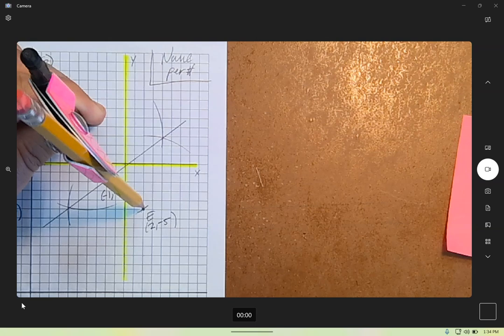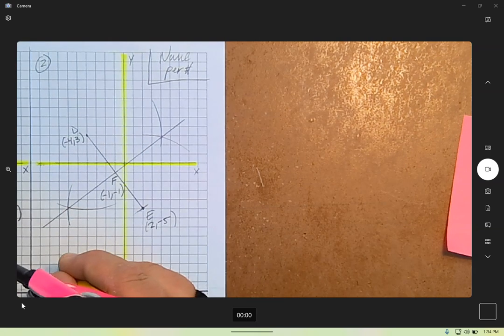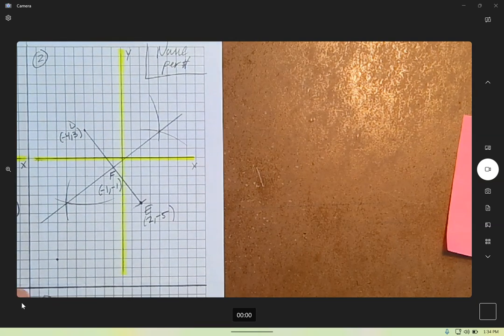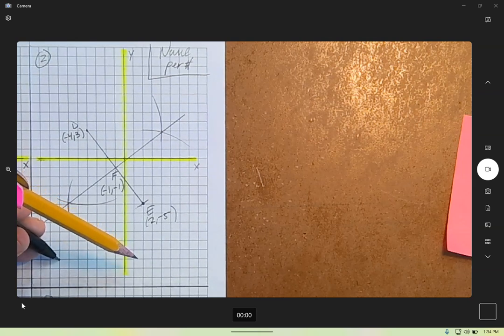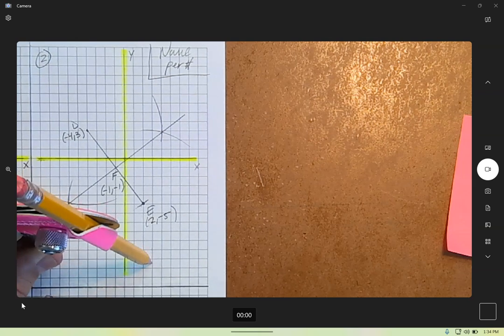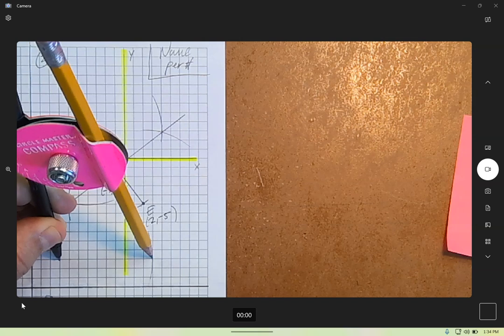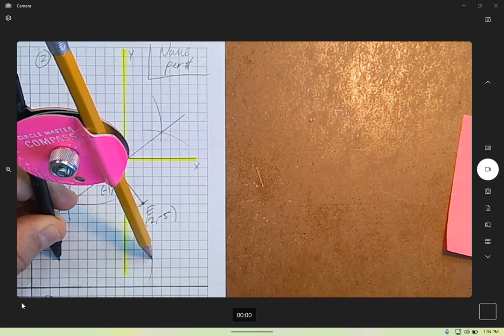And then watch, here's what I'm going to do. I'm going to come down here and pick any random spot that's not really a part of my problem. Then I'm going to take that same compass point, put it right here, and mark a little arc out here. What that should show you is the other end of your line segment from where your pointer is.